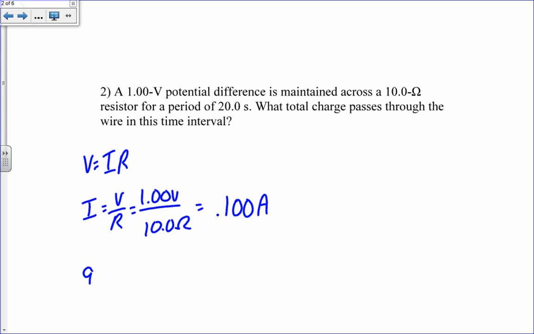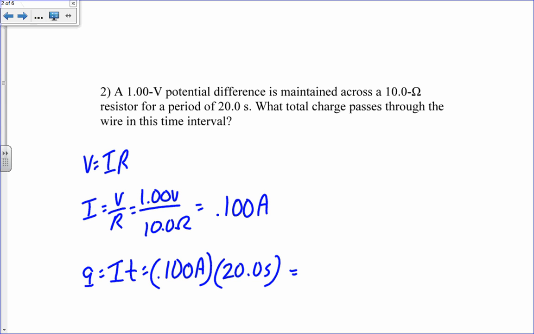And then to find the charge, as we did before, is just current times time, 20 seconds. That's going to be 2.00 coulombs.